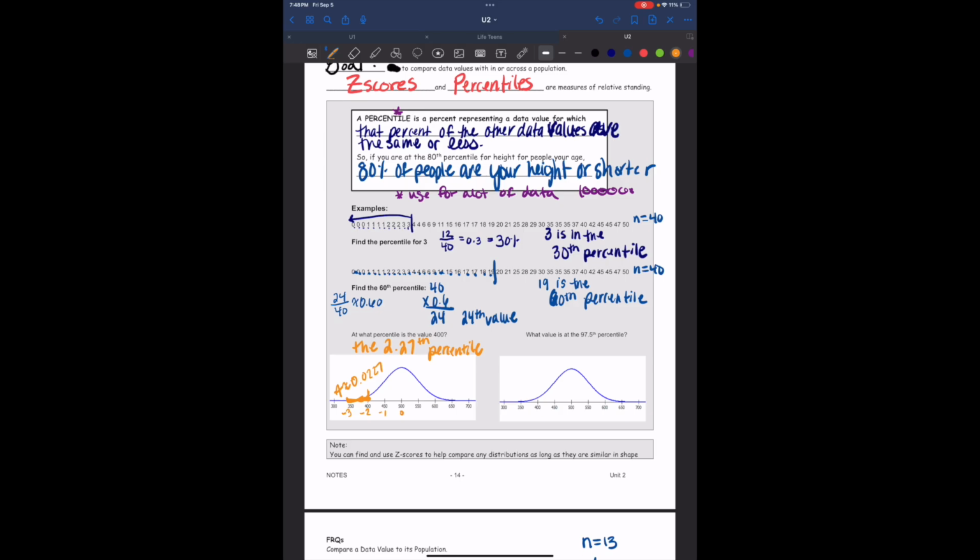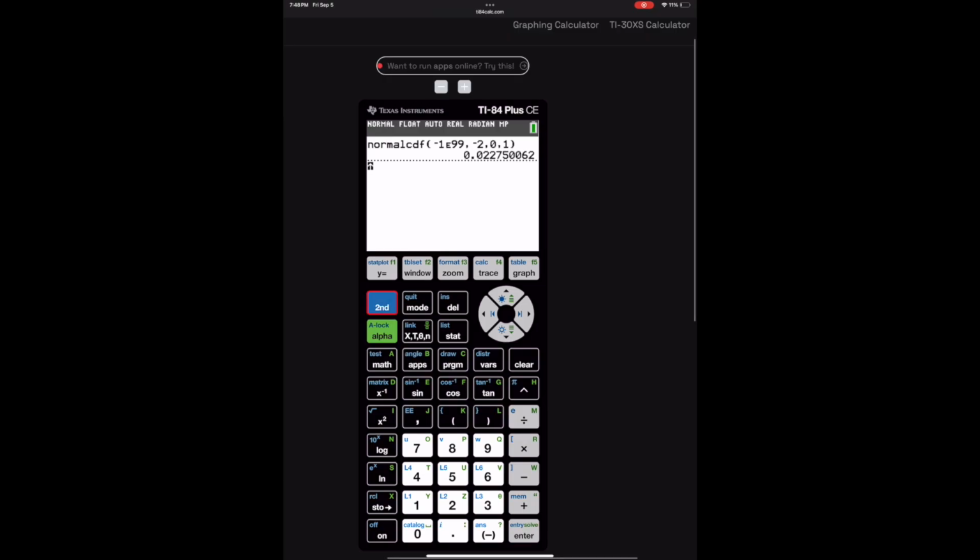This one asks what value is the 97.5th percentile. Remember, this is going backwards; it's actually giving you the value. From there, I need the area that is that or below. If they give me the area, that means I can go to my calculator and go backwards with inverse norm. I want 0.975, with that area to the left. That'll give me the z-score, which is 1.9599, whatever.